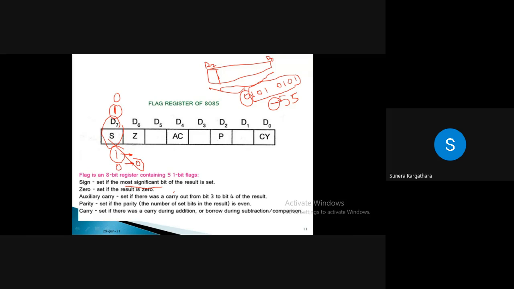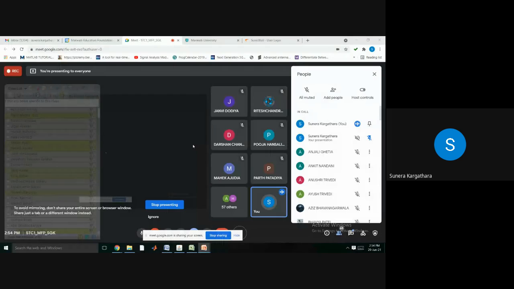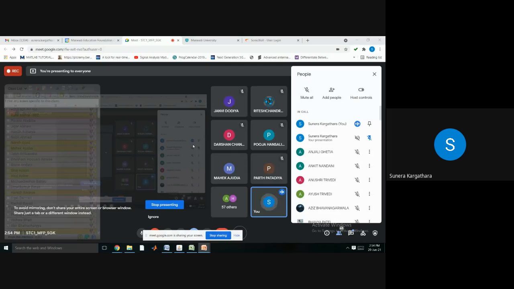So any doubt here, students, in any flag? Is it clear to everyone, when a particular flag will be set or reset? I want acknowledgement from everyone. Is it clear, students, or should I repeat any point? Clear, ma'am.